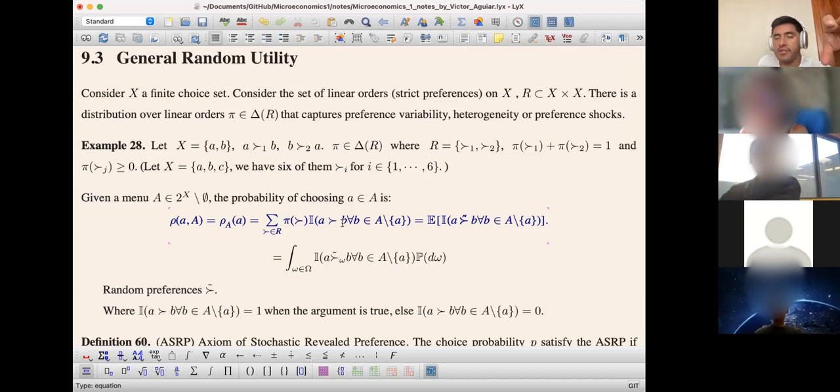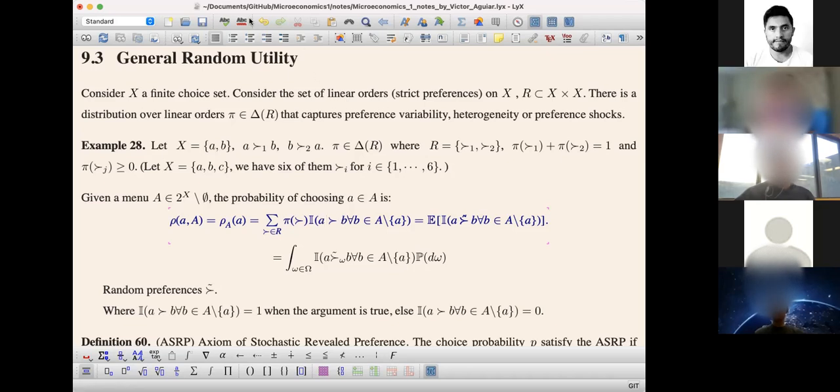The first part is super simple: it's just a summation over the fraction of people whose preferences are characterized by the preference symbol, and that's it. Then the event that I'm measuring inside the indicator function is that A is better than B for all B.